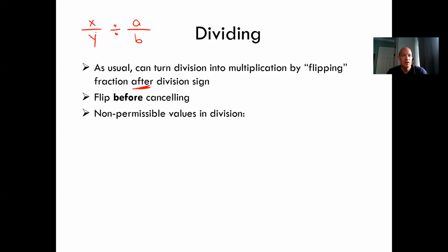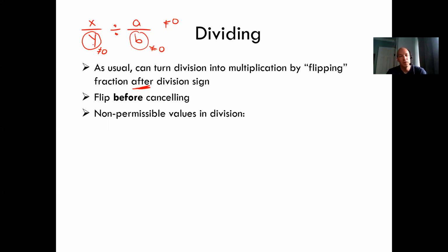So we can see that if y was 0, that would be really bad because we'd have x over 0, and that just doesn't exist. And we can see that if b was 0, that'd be really bad because we'd have a over 0, and that just doesn't exist. But here's another thing. If this entire fraction was 0, that would be bad because then I'd be going x over y divided by 0. I would be doing a division by 0. So there's 3 things that can screw up when you're doing fraction division here.